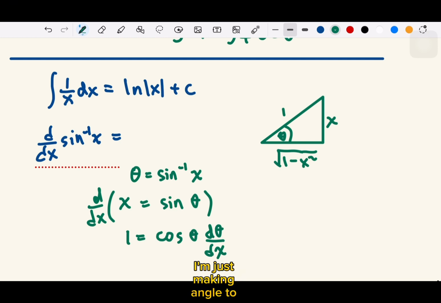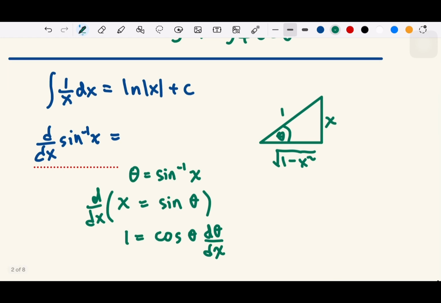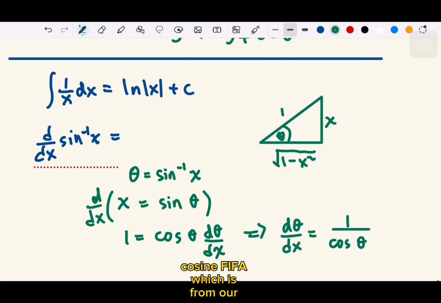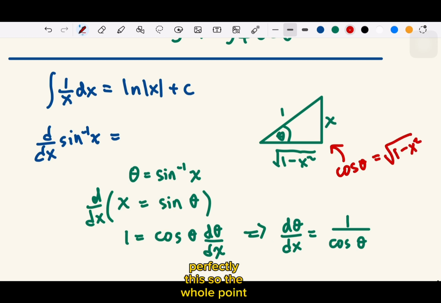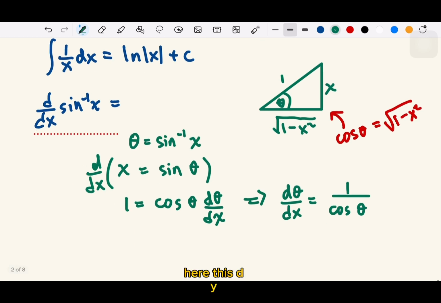I'm just using an angle to make sure you understand the inverse is the angle. So we get that d theta over dx is 1 over cosine theta, which from our triangle is perfectly this. So the whole point here, this dy dx, if we take y as sine inverse, will be 1 over.